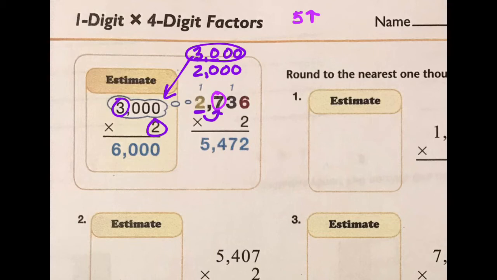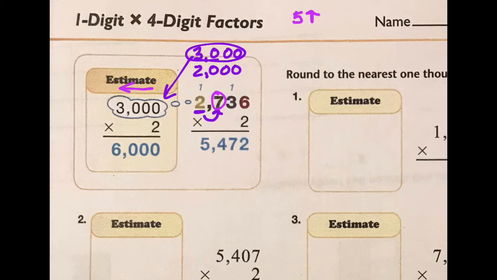All right, so there's 2 ways that we can do this. Let's do it the regular way first, and then I'll show you the easy peasy way. All right, well, first let's do this. 2 times 0. Remember, we always start at the ones place, and we work backwards. Okay?